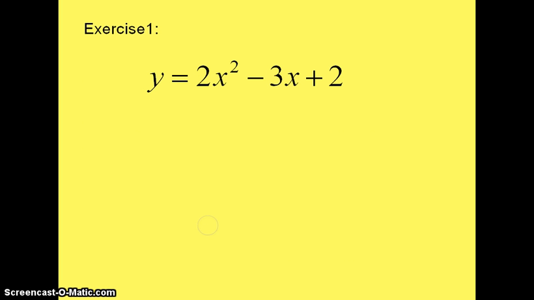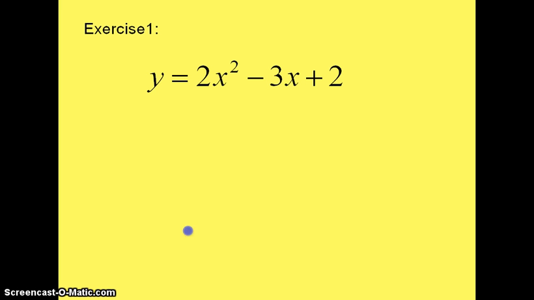So let's try this alternative way with an example. Y equal to x squared minus 3x plus 2.